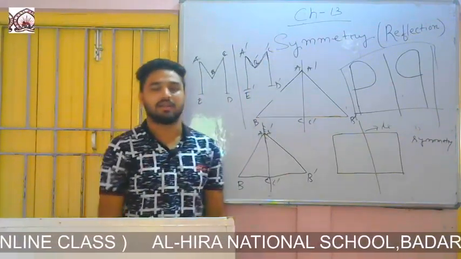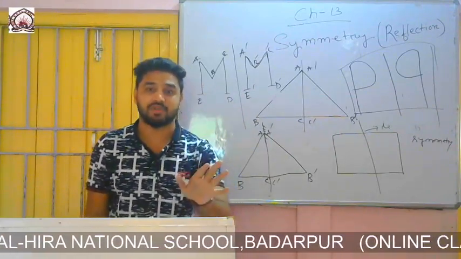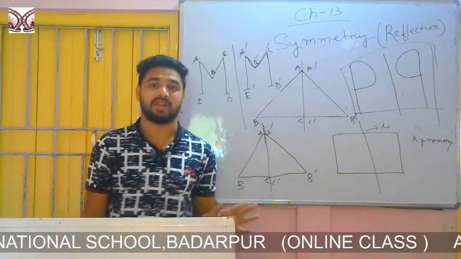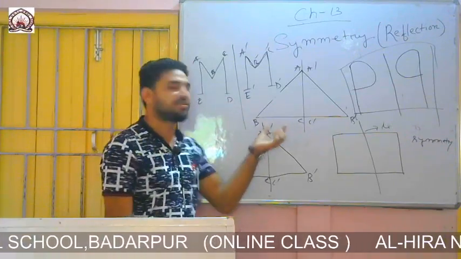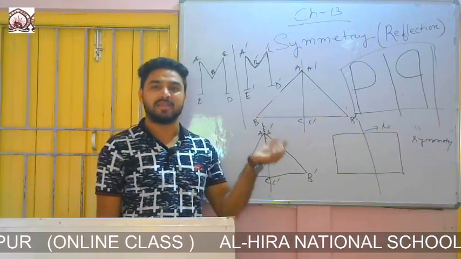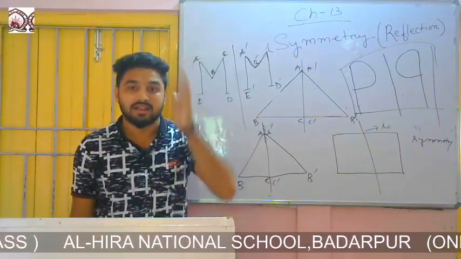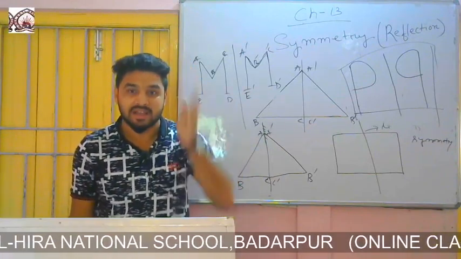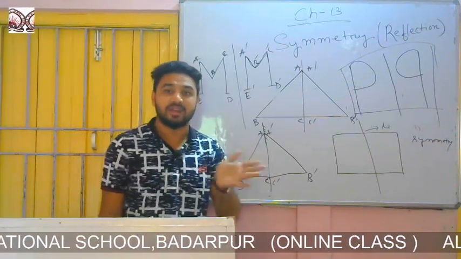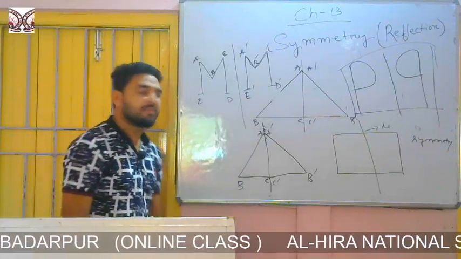Which shapes will stay the same? The shapes which are symmetrical, that means the shapes which have lines of symmetry. If we reflect them, then we'll get the same shape.